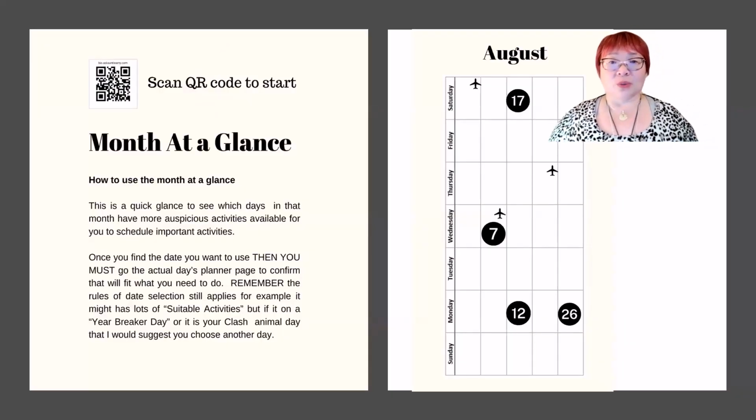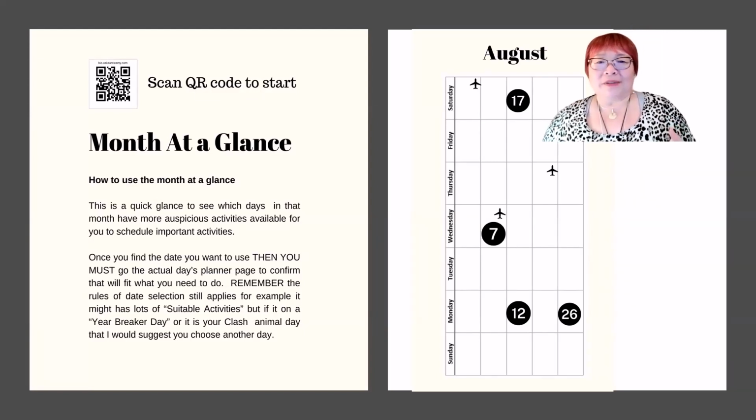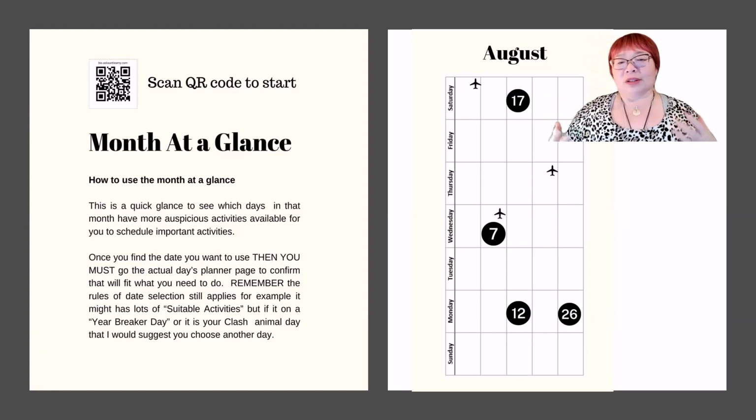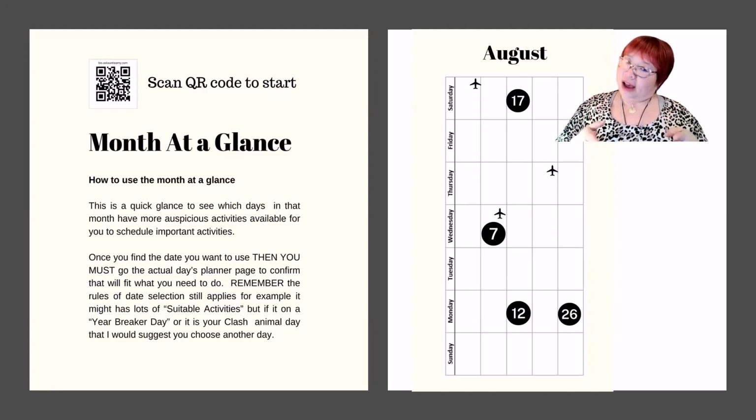So how this works is, I was trying to find a quick way for you to see what the auspicious days are, the dates are, and it got so cumbersome. So what I did was I made a calendar kind of sideways like that.